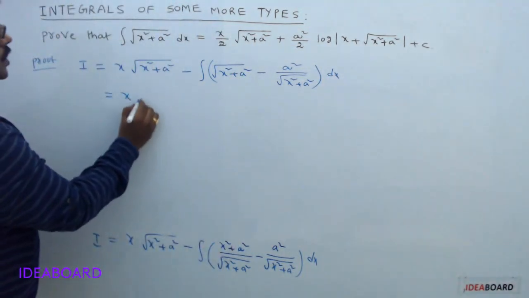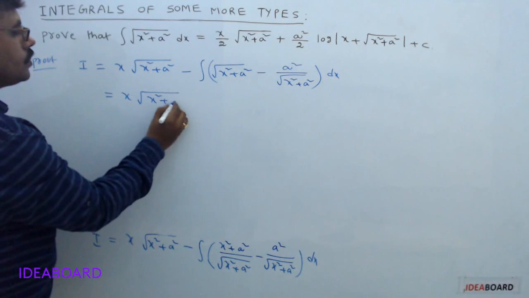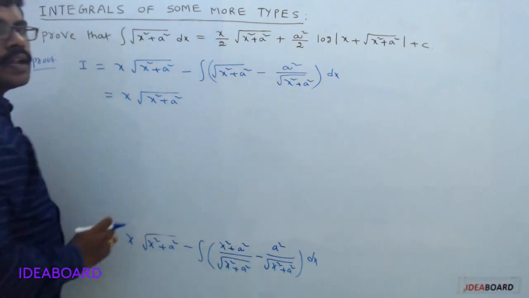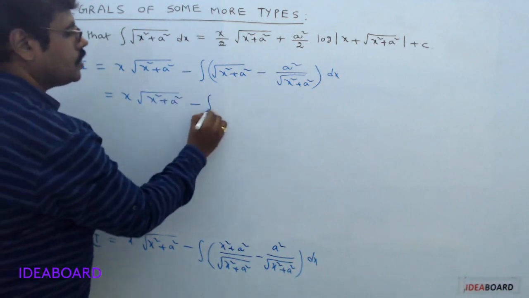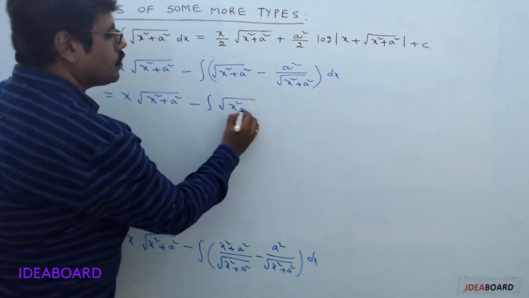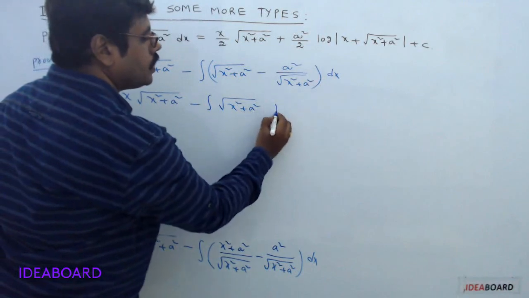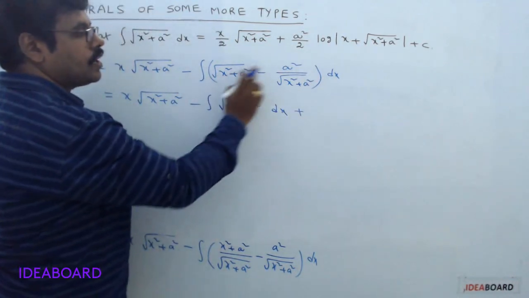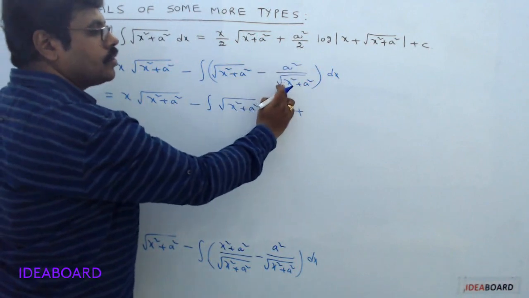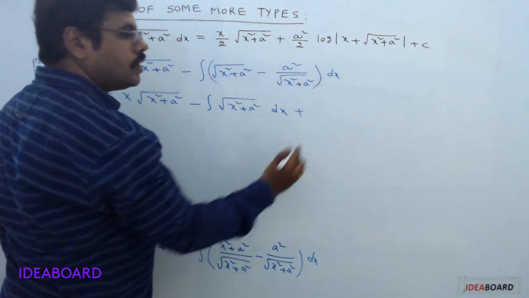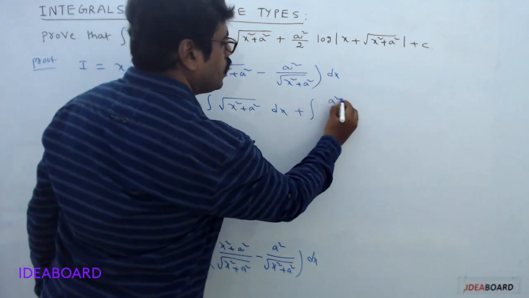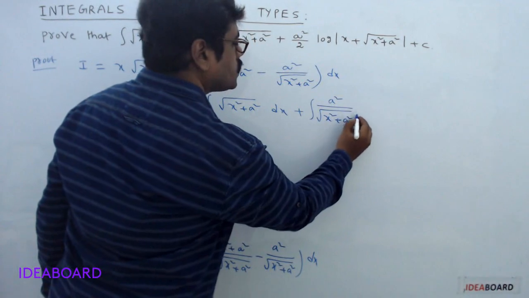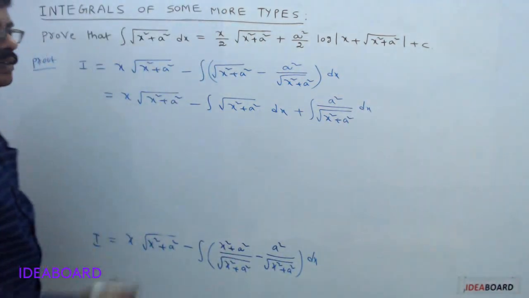Now separate these two terms with integral. This is minus integral of square root of x square plus a square dx, minus into minus, plus integral of a square divided by root of x square plus a square dx.